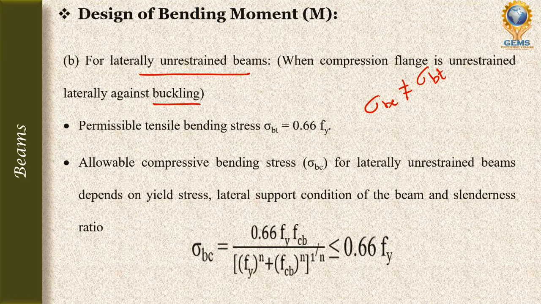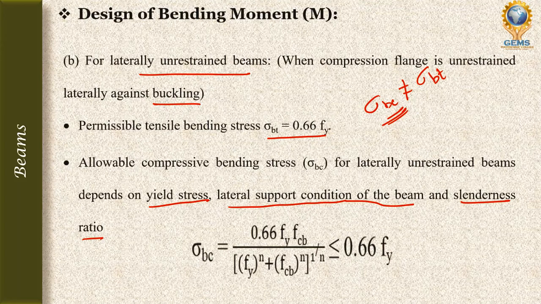The permissible tensile bending stress sigma bt is equal to 0.66 fy, but your sigma bc differs. For laterally unrestrained beams, sigma bc depends on yield stress, the lateral support condition of the beam, and the slenderness ratio.